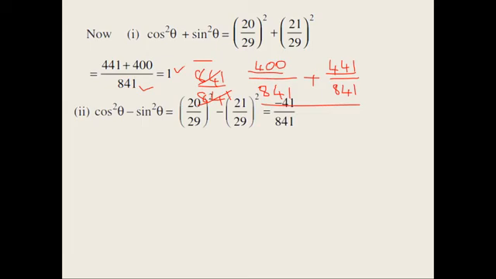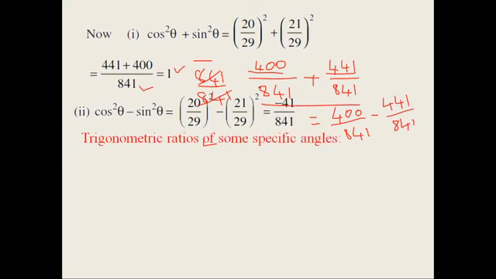That is equal to 20 by 29 whole square minus 21 by 29 whole square. 20 square means 400 by 29 whole square means 841, minus 441 by 841. So 400 minus 441 is equal to minus 41 by 841.